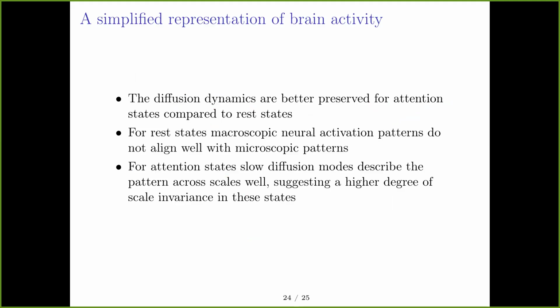In other words, we have a higher degree of scale invariance. And if you think about this from the perspective of the critical brain, this makes sense, as we think that the brain will self-organize toward criticality in a state of attention, which is characterized by increasing correlation length and therefore a higher degree of scale invariance.